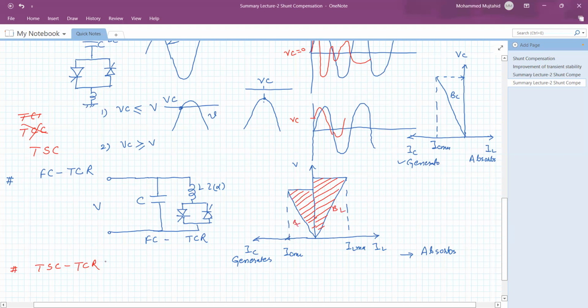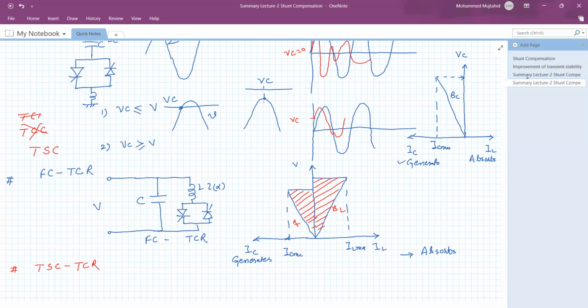This is the way by which we can obtain static VAR generation, both generation as well as absorption, with the help of the thyristor controlled reactor and thyristor switched capacitor.